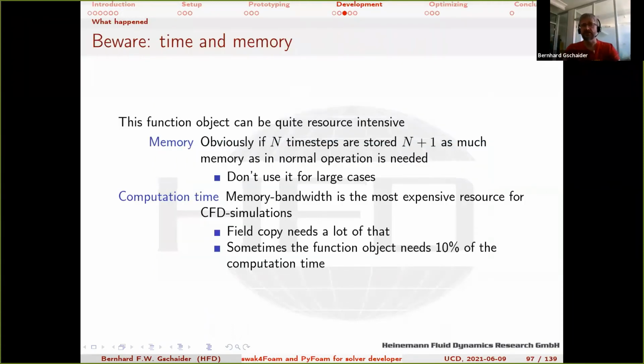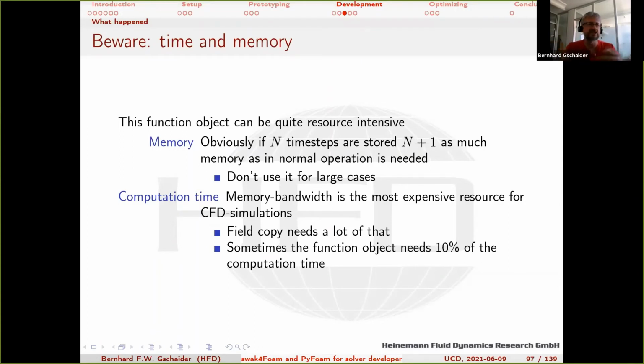When you're using this function object, beware. It's free, but it uses time and memory. Obviously, because it's copying all the fields that are there, if you say, okay, save me the last 10 time steps, then it will use 11 times more memory than it would use regularly.